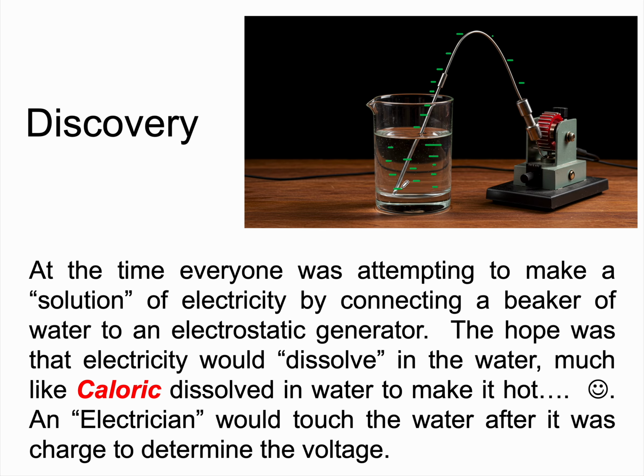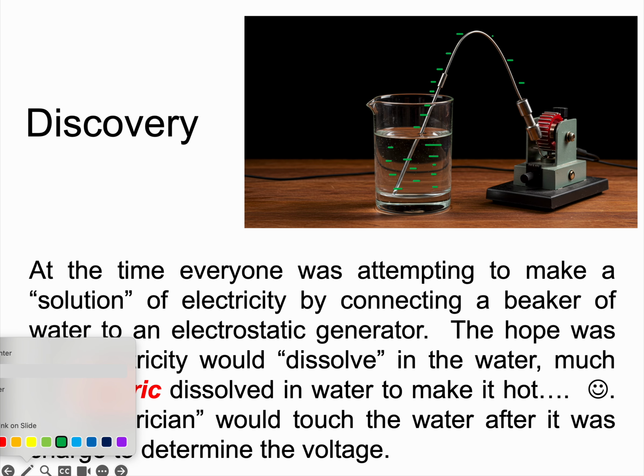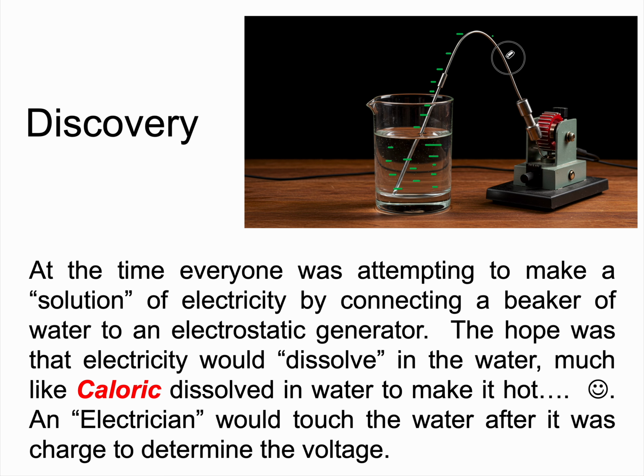Well, people tried and tried and tried. What they would do is run the electrostatic generator. Then when they were done, they would disconnect it from the electrostatic generator. Imagine pulling this wire out. And then somebody who was trained to be an electrician, which had a different meaning back then, would take over. Electricians were people who were trained to measure the electrical potential or voltage by touching a particular conductor.